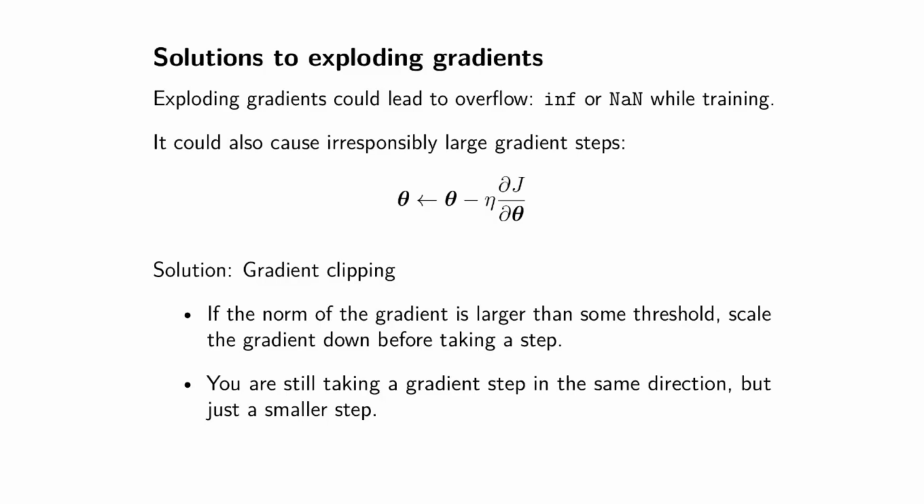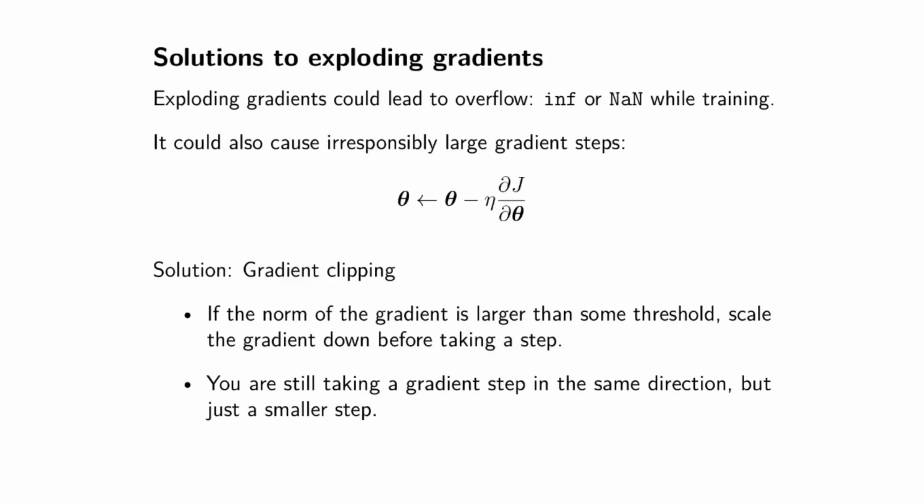And if you've looked at my video on gradient descent, you will see that if you take very big steps, then sometimes this actually screws up the gradient descent optimization procedure. So even if you're not getting infs or nans, you might still be not training your model in a good way, because you're taking these very big steps because of your exploding gradients.